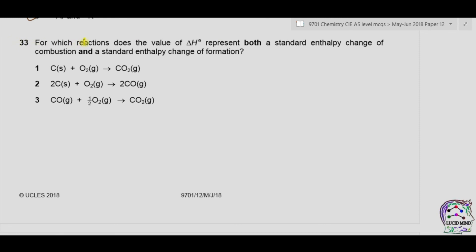Question 33. For which reactions does the value of enthalpy change represent both a standard enthalpy change of combustion and a standard enthalpy change of formation? Now in standard enthalpy change of combustion, we can say that when 1 mole of substance is combusted in excess oxygen, to form products in standard states under standard conditions.